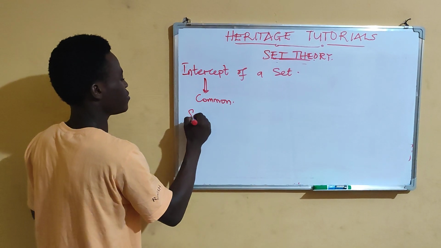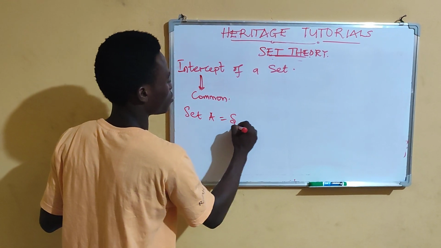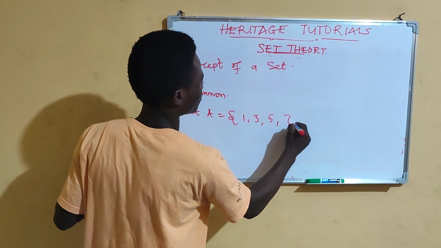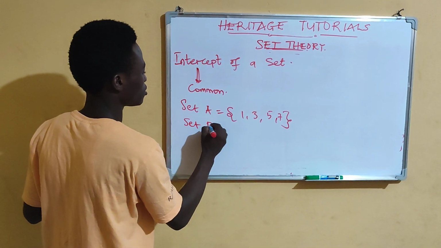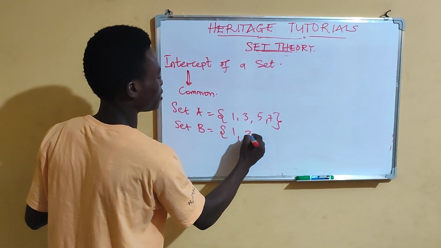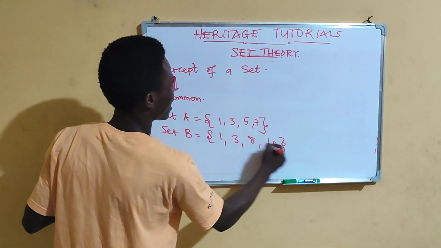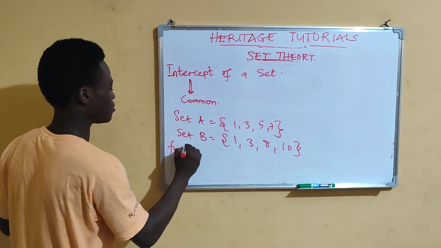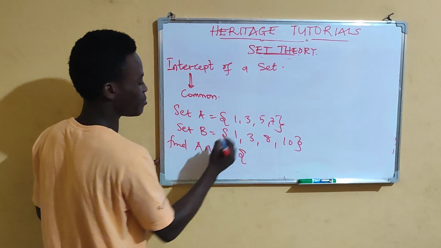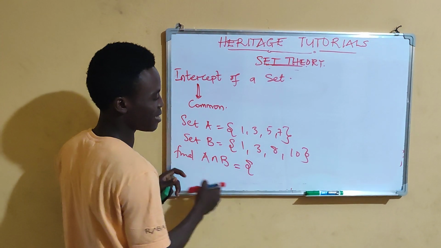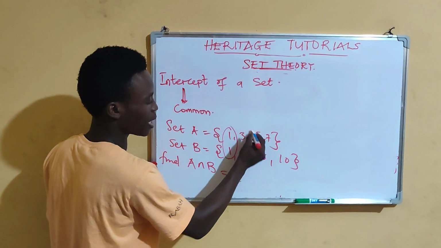For example, if I give you set A equals 1, 3, 5, 7, and set B equals 1, 3, 8, and 10, I can ask you to find A intersection B. The intercept between A and B means the common elements between A and B. I have 1 to be common, I have 3 to be common.